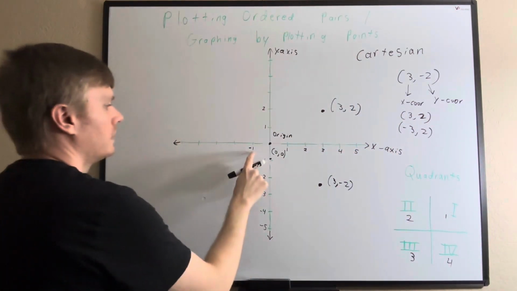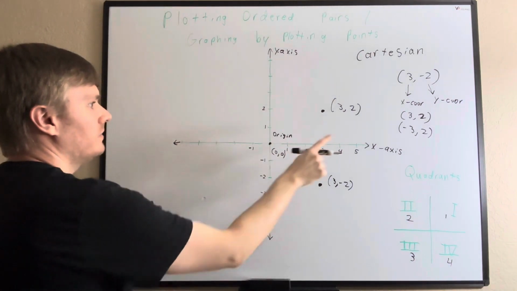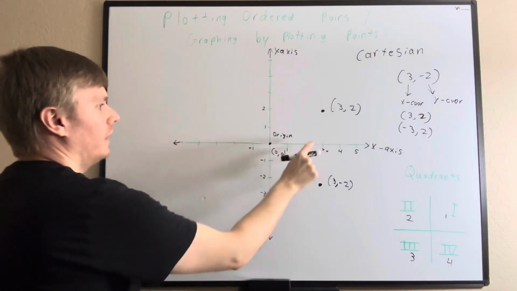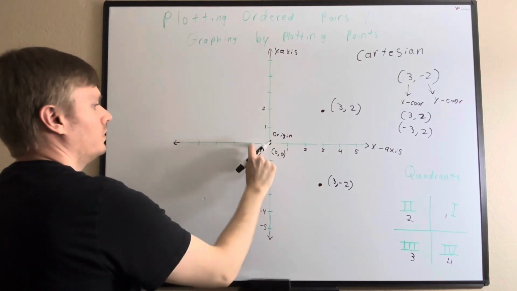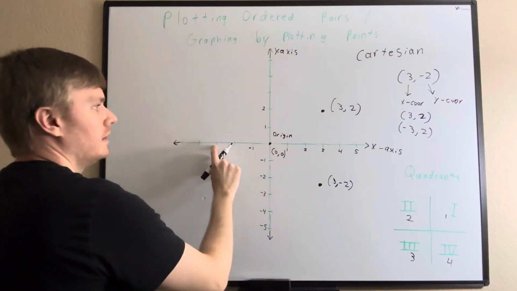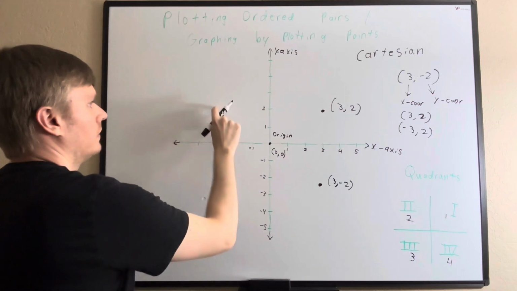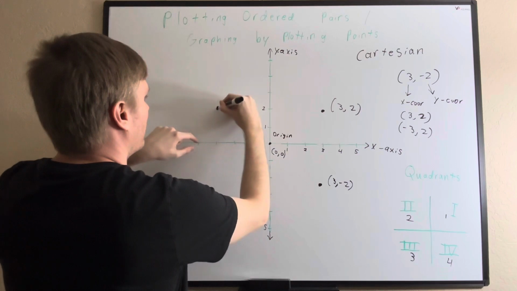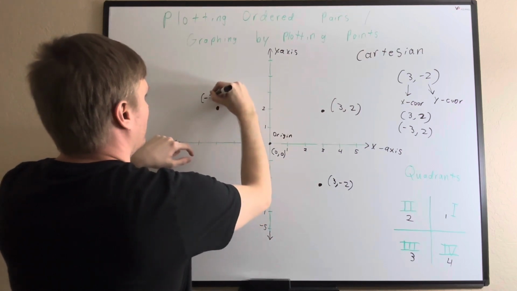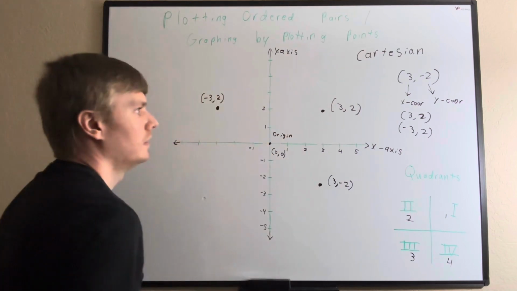Let's try -3, +2. What do we get? Okay, well, -3. Now on the x-axis, we got to go to the left because this is the negative direction. So 1, 2, 3, +2. 1, 2. That's our point.